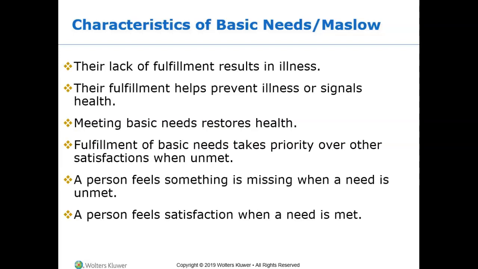If a patient or a person lacks fulfillment in any one of the given areas on Maslow's hierarchy of needs, it can result in illness. Opposite, it can also prevent illness, or it can signify that they are healthy. And if we can meet a patient's basic needs, we can restore their health.